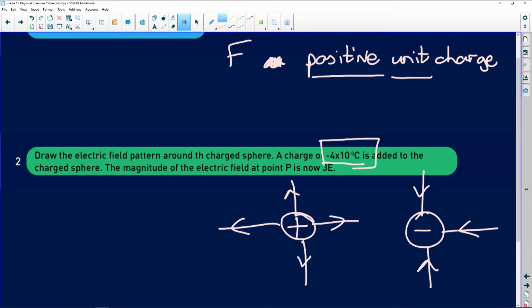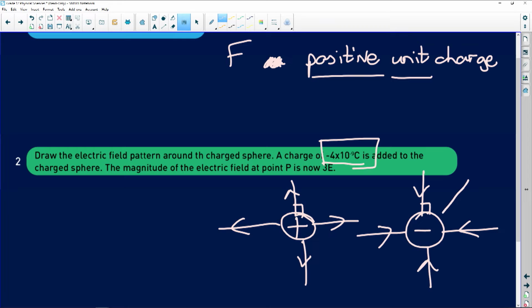Now be careful when you are drawing this diagram. Don't be too haphazard. These lines enter at 90 degrees and they leave the surface at 90 degrees, so make sure that your lines touch the actual charge. Also remember that these lines never ever cross.